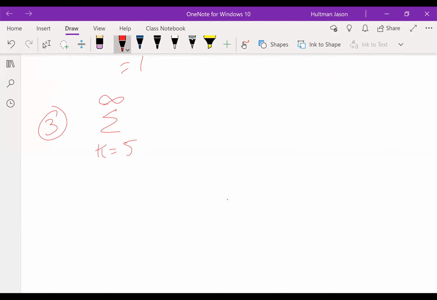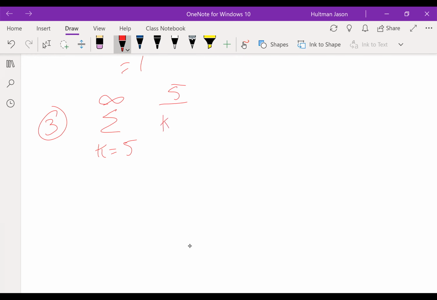So 5 over k, natural log k to the 7th power.